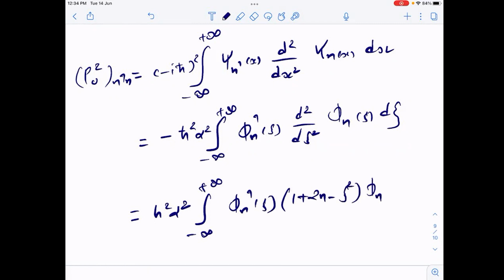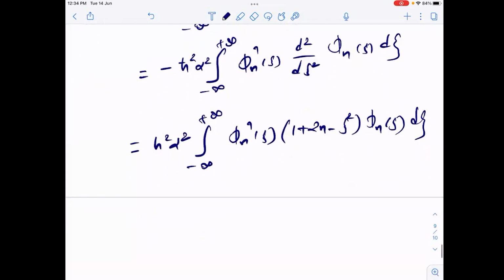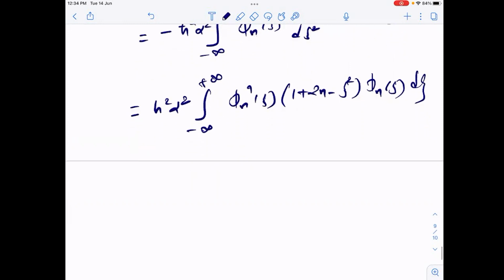Those who are familiar with Hermite's polynomial and its functions can appreciate this, right? Otherwise, it is fine. You can go through the Hermite polynomial and its functions separately as well. And the result that this particular integral gives us is very interesting.